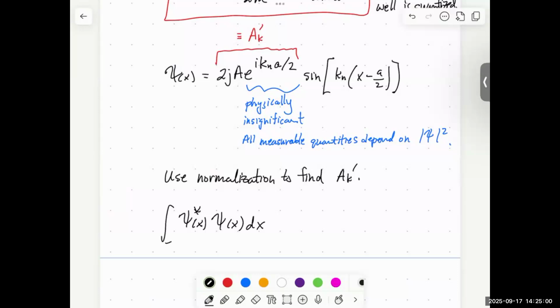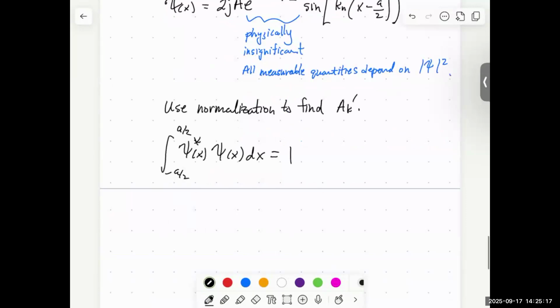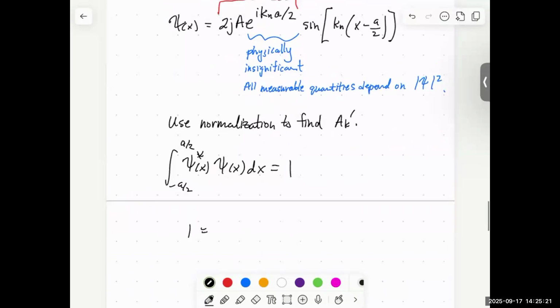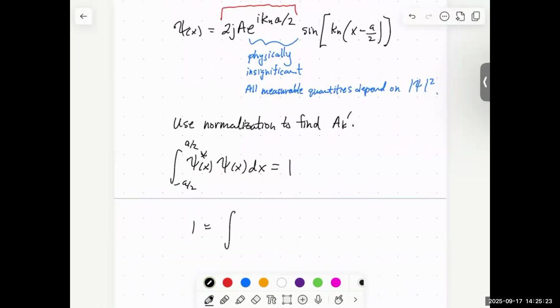And for us, the domain of our well is minus a/2 to plus a/2. Okay, and so we require this to be equal to 1.